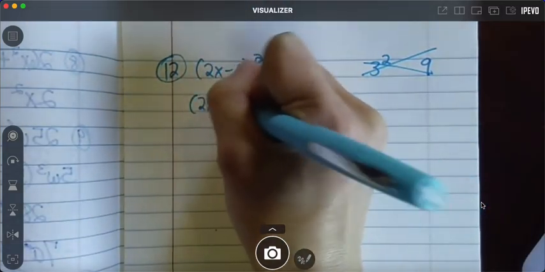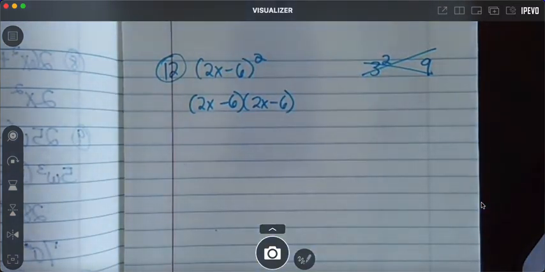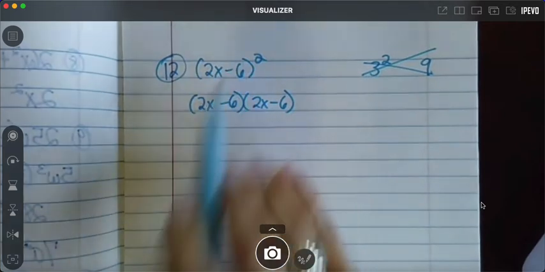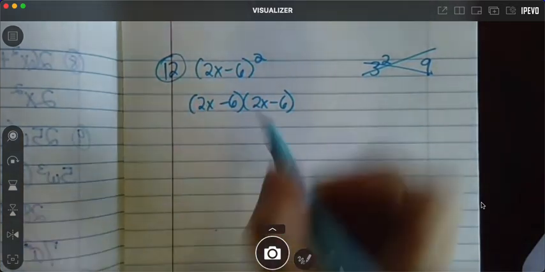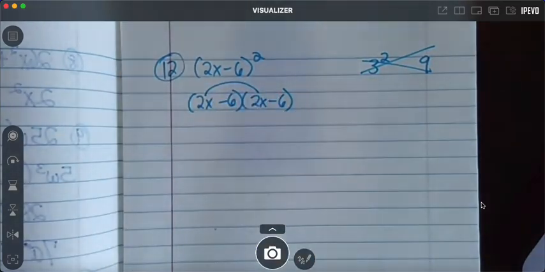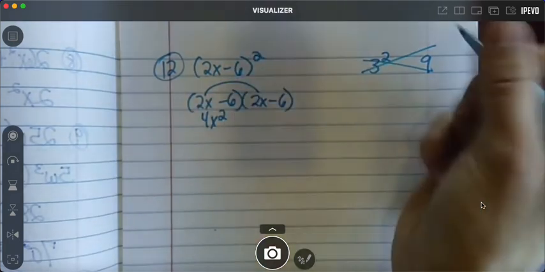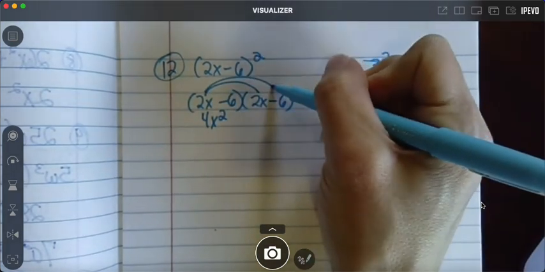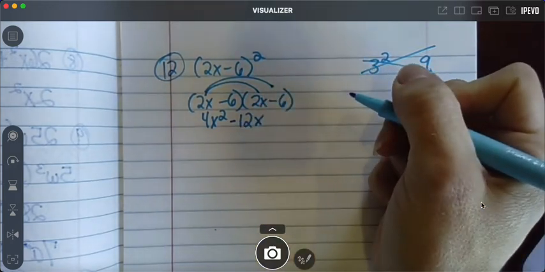So I suggest you rewrite that. How do you multiply this? You FOIL it. Some of y'all were just trying to square this, and that is not right. You have to use the FOIL method. So what's 2x times 2x? 4x squared. And then 2x times negative 6, negative 12x.